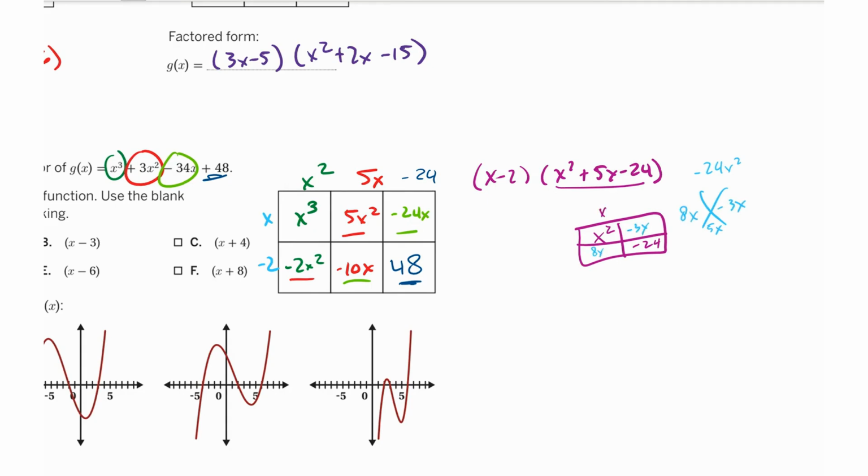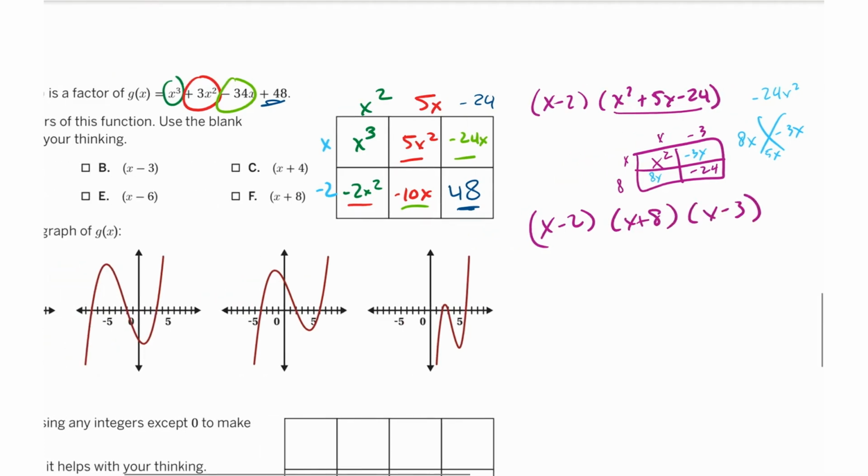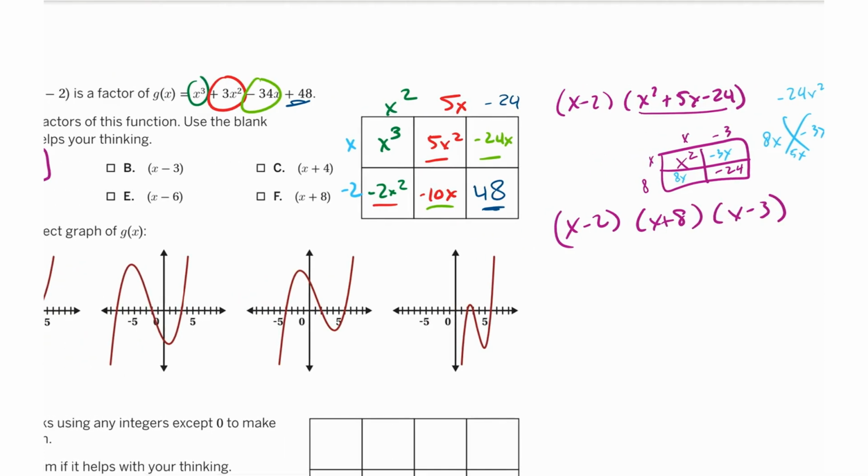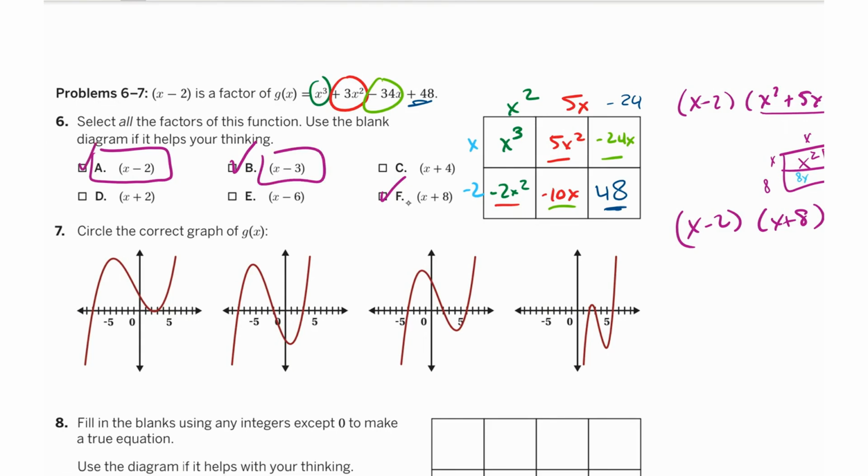And then I get x, 8, negative 3. And so really my final factored form here is x minus 2, x plus 8, and x minus 3, which as I go over here, I get a couple more answers. I get F, and I also get B. And so my three solutions here for number 6 are x minus 2, x minus 3, and x plus 8.